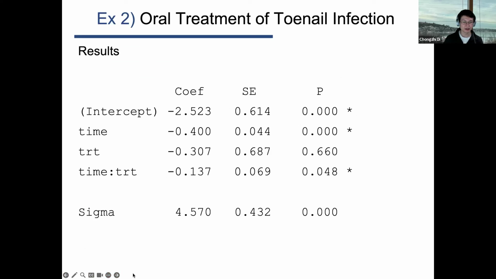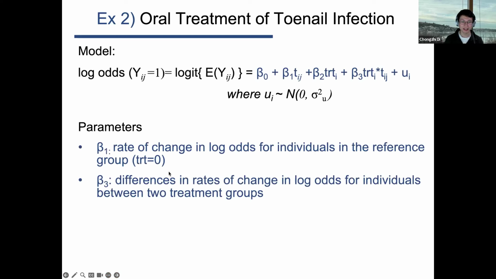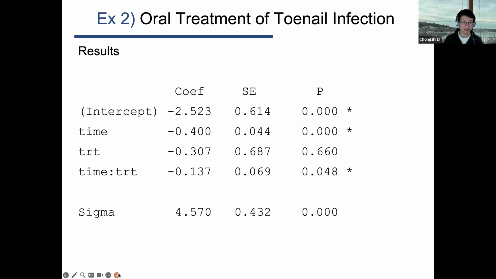So to summarize these results, from the fixed effects estimate, because this effect is significant, we wanted to understand what this means. This is really the difference in the rate of change per month, because the unit of time is months. Remember the whole trial is 12 months.